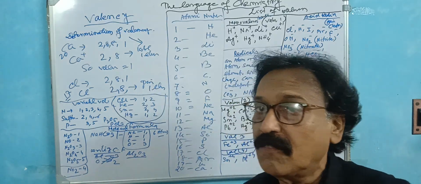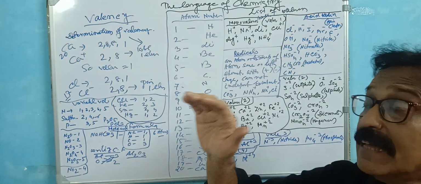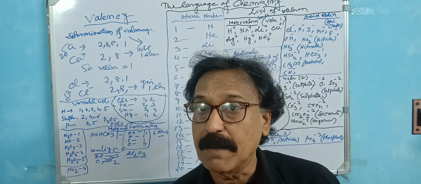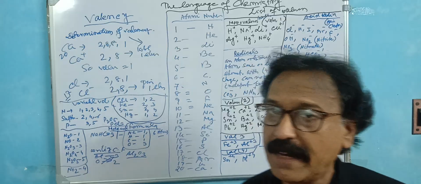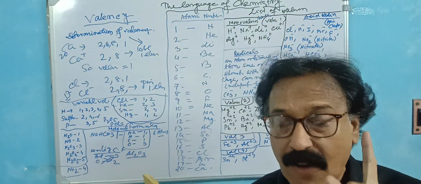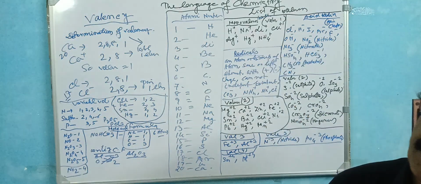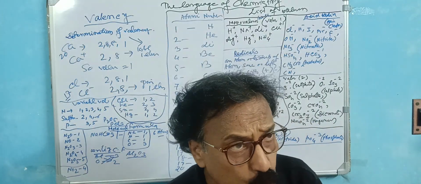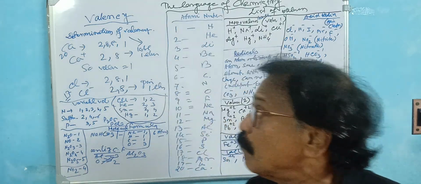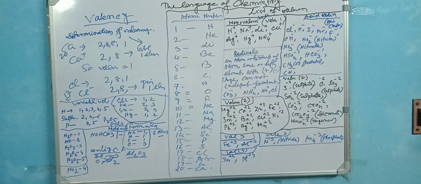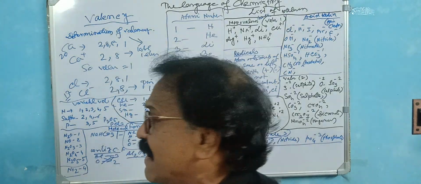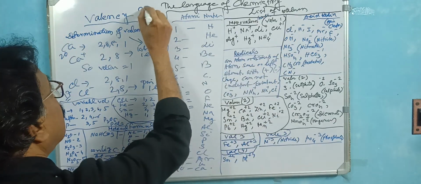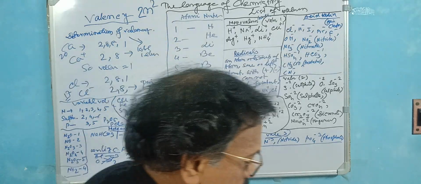Now electronic configuration means the arrangement of the electrons. The first shell is maximum 2, the second shell maximum 8, the third shell maximum 18: 2, 8, 18 in this way. Actually the formula is 2n square, where n is the number of the shell. I will discuss this later in more detail.